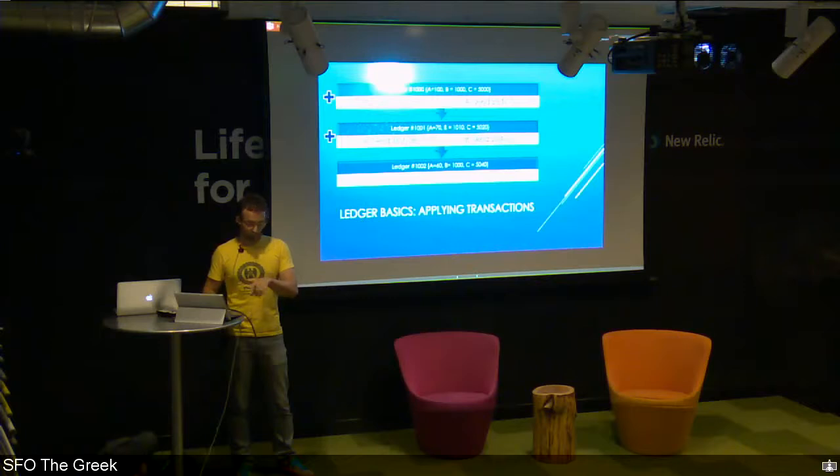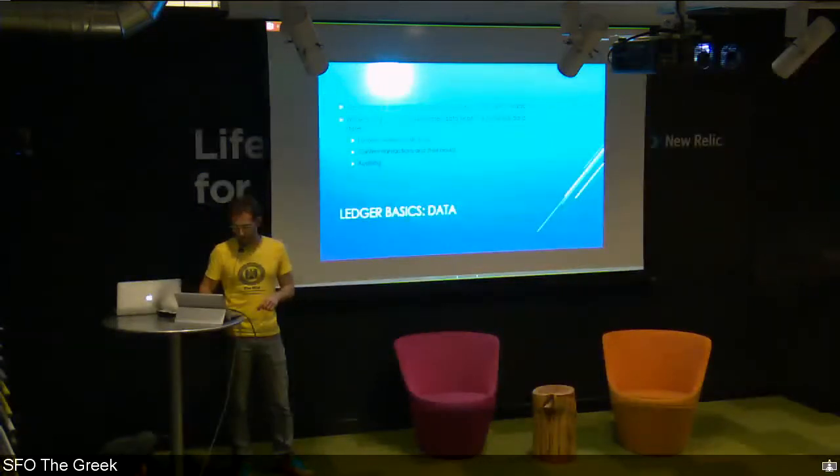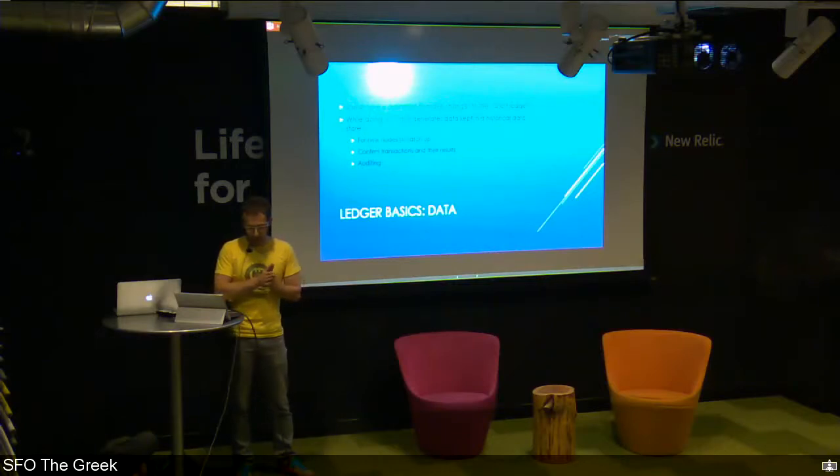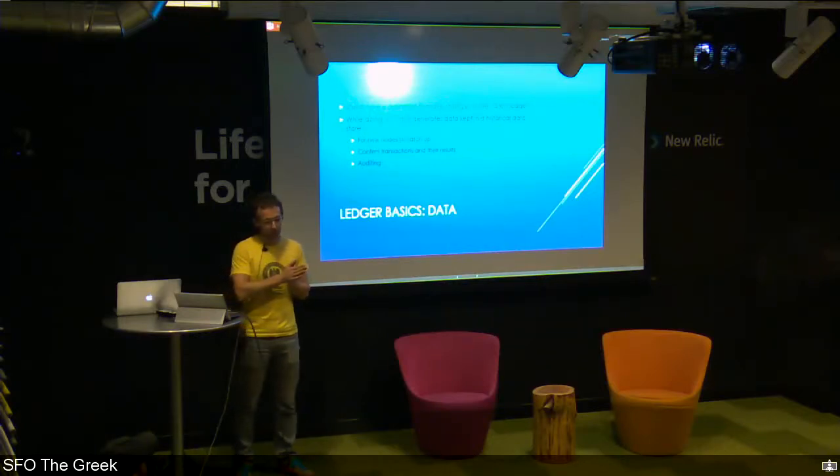So this is the very simplified version of what the ledger really is, and I'm going to go into more detail here. I'm repeating a bit, but the latest ledger is something we really bias Stellar Core to work against.